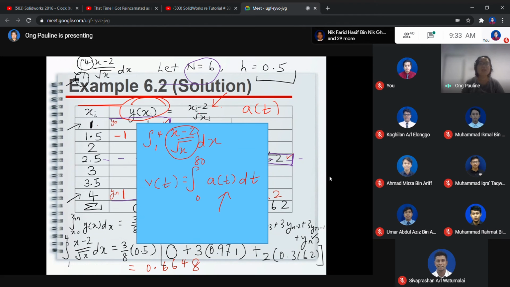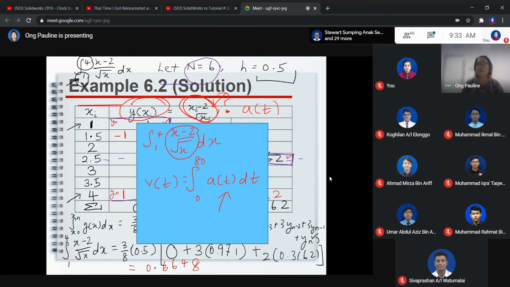Okay, walaupun kita tak tahu apakah fungsi di sini, we don't know what is this function, but we already been provided with the value of the acceleration pada time instances there. Okay, so meaning that you just need to put the value of the acceleration pada table di sini lah.